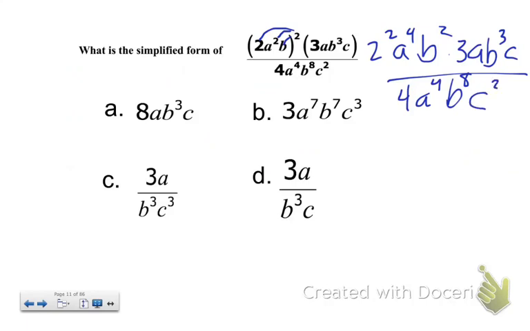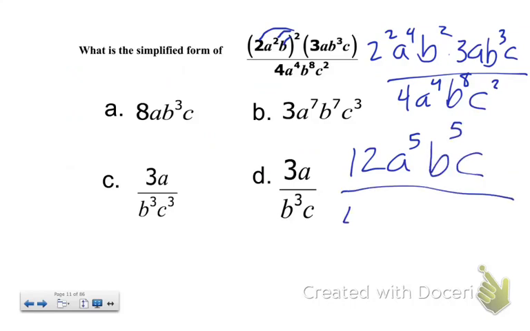So now we have 2 squared is 4 times 3, so that's 4 times 3 is 12. A to the 4th times a to the 1st becomes a to the 5th. B squared times b cubed also becomes b to the 5th, and then c all over 4a to the 4th, b to the 8th, c squared. 12 divided by 4 leaves me with 3.